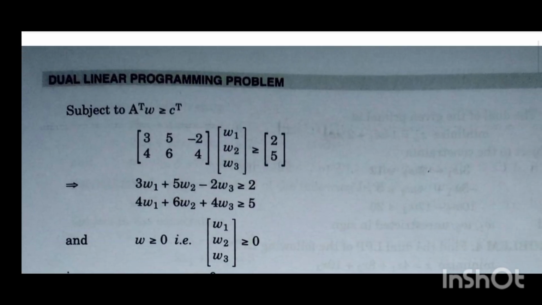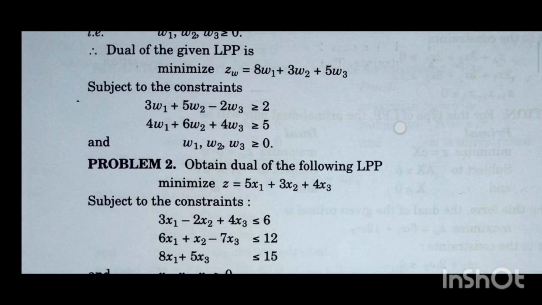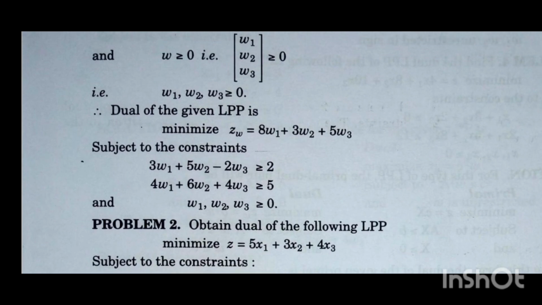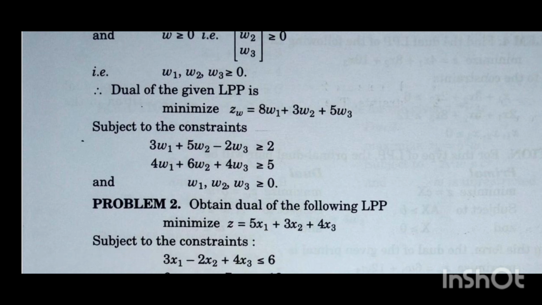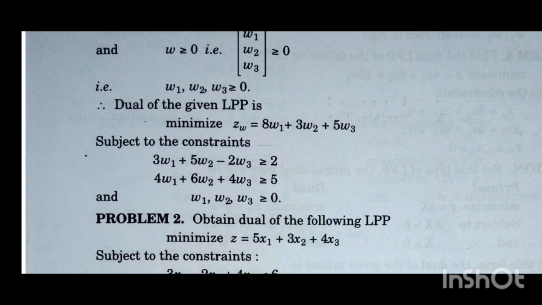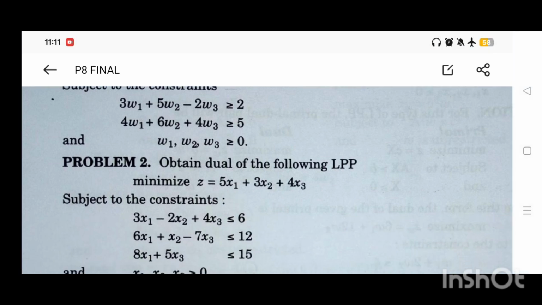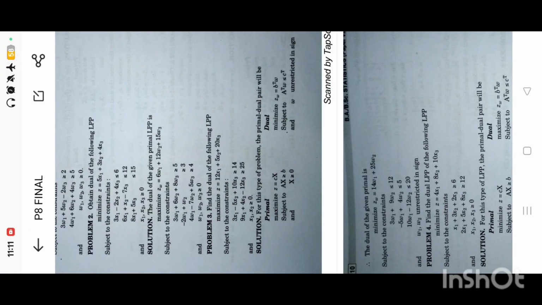Therefore, directly we can see the dual of the given LPP is min z equals the B transpose values, 8W1 plus 3W2 plus 5W3, subject to the constraints 3W1 plus 5W2 minus 3W3 greater than or equal to 2 and 4W1 plus 6W2 plus 4W3 greater than or equal to 5. Very simple and easiest concept, the duality.